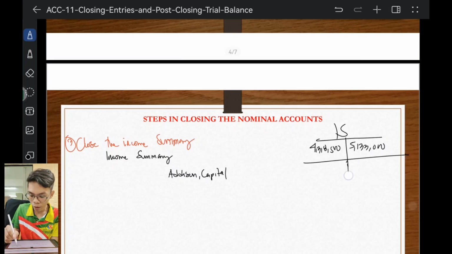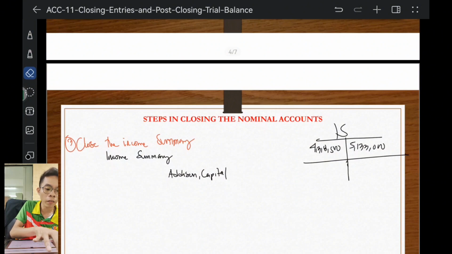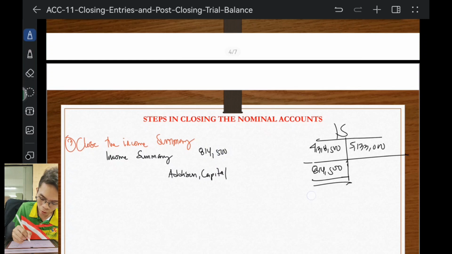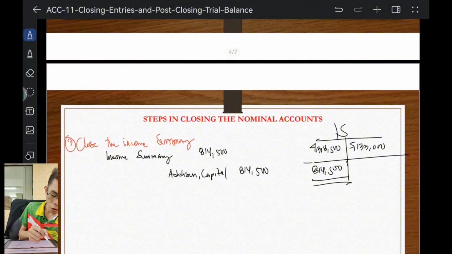So we do the math: 5,133,000 minus 4,318,500, that will give us 814,500. So that would be now the balance of our income summary. So 814,500. Okay, so this is to record the closing entry of the income summary, or to close the income summary.